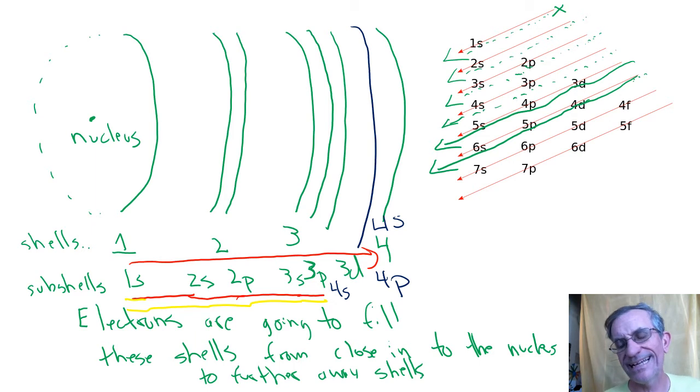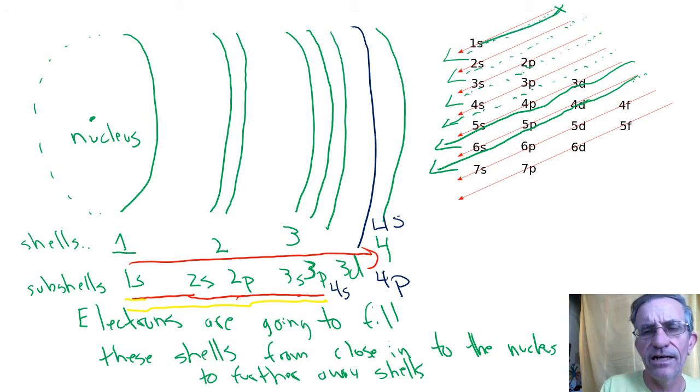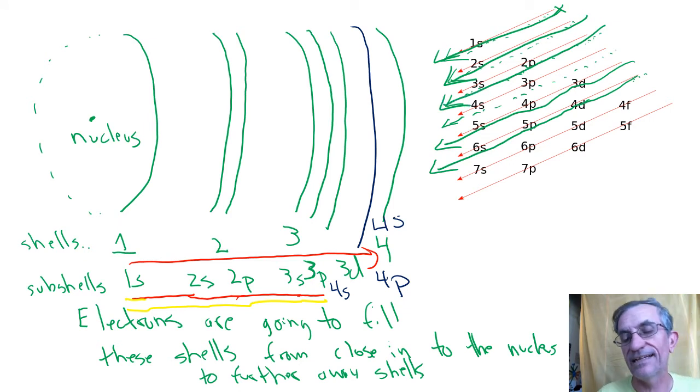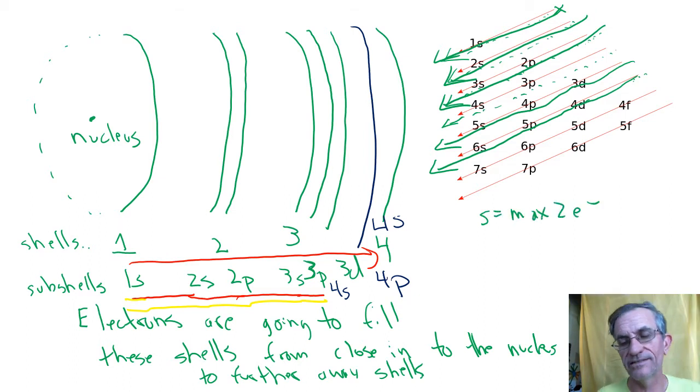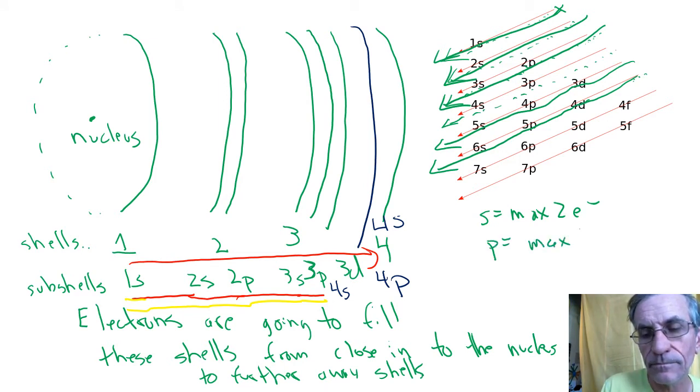Now there's one more thing I've got to tell you. I know I'm going to use the 1s level first, and then the 2s level, and then the 2p and the 3s. But how many electrons can these levels, these subshells, hold? Well, it turns out anytime you see an s, s's hold a maximum of 2 electrons. P's hold a maximum of 6 electrons.